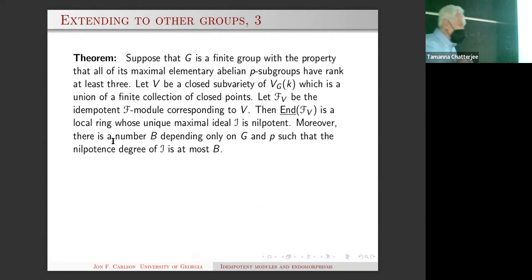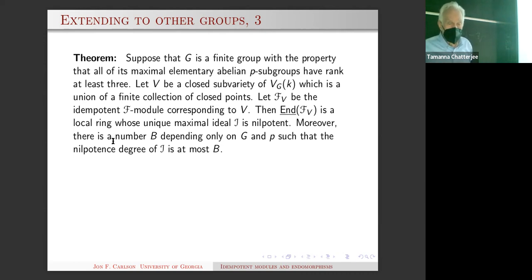And so now what you want to do is lift it to the entire group G. And so we say, suppose that G is a finite group with the property that all of its maximal elementary abelian p-subgroups have rank at least 3. That's a restriction that I don't particularly like. I'd like to know a little bit better what happens, but let's assume that for now.